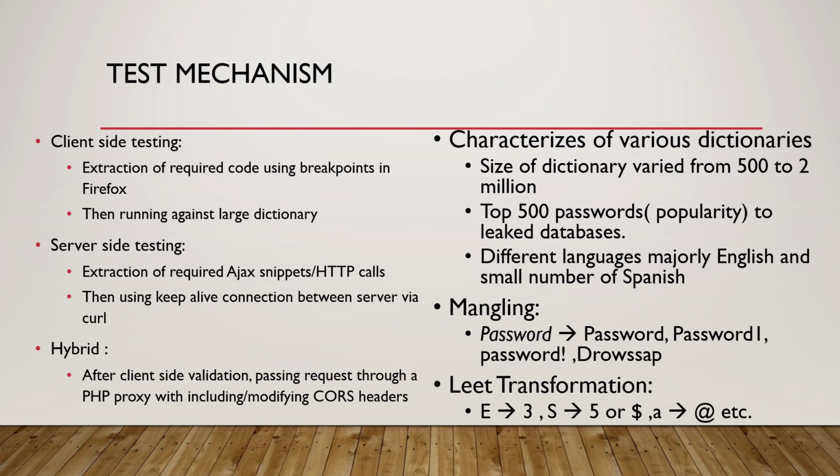To get that information, they load up the website, put various breakpoints in Firefox or Chrome, and through trial and error find all the code that is executed during a password submission. They then extract that code and run a script against that snippet.